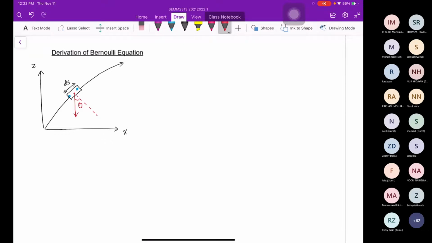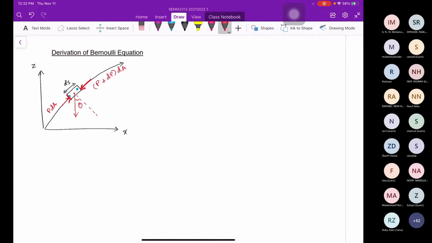And this must have the force. So the force is pressure multiplied with area, dA. In order to get this force, this force is P plus the change of pressure, dA.